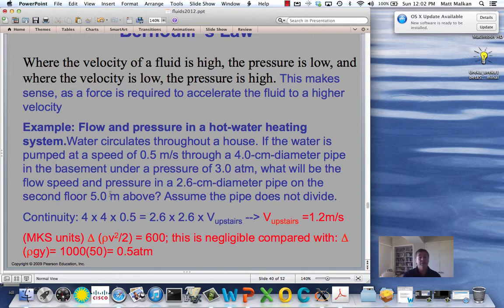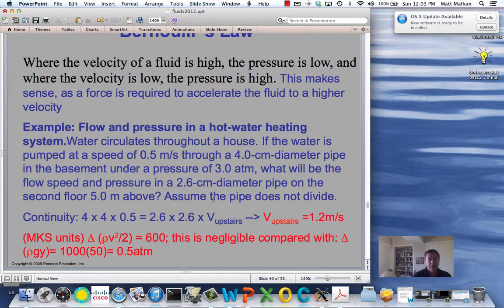That's a significant amount of gravitational potential energy that the water has gained going upstairs. Just to make everything completely complicated here, all of that water that was going through a 4-centimeter pipe is now going through a 2.6-centimeter pipe up in the bathroom at your sink. And the pipe doesn't divide, so we also have continuity happening here. And we want to find out what else happens.